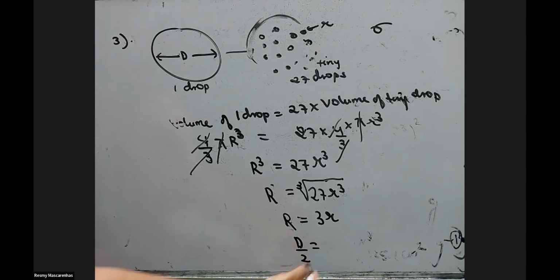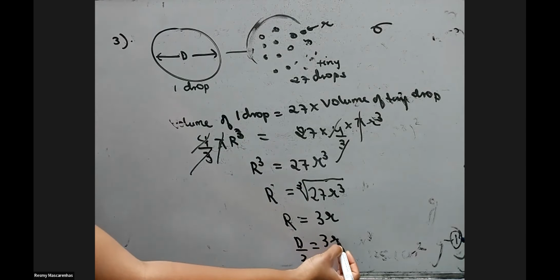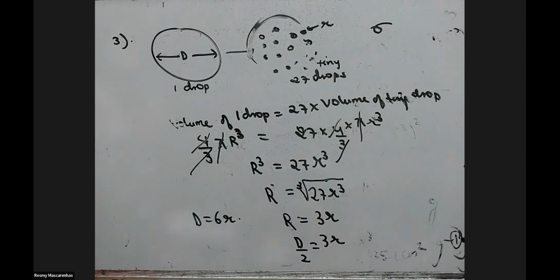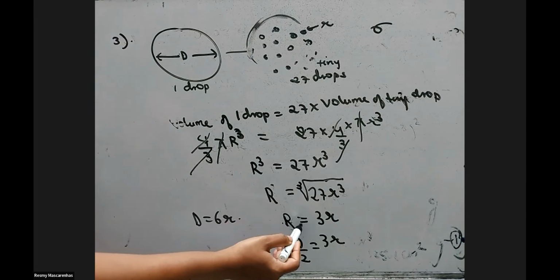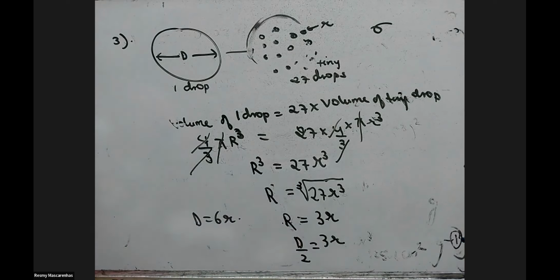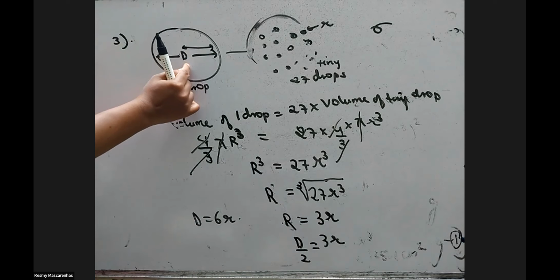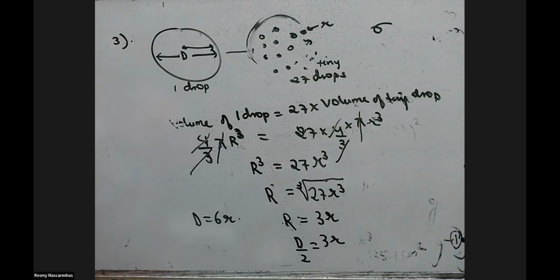R can be taken as d by 2, which is 3r, so d will be 6 times r. Capital R is 3 times the smaller r, and r means the total diameter upon 2. So this is the relation: d is 6 times r.